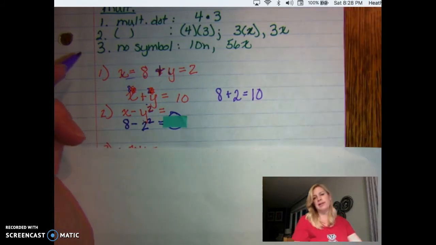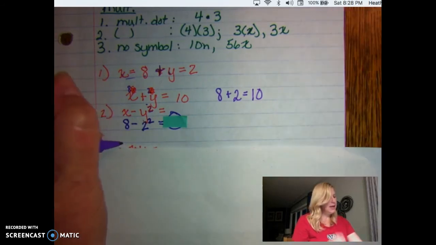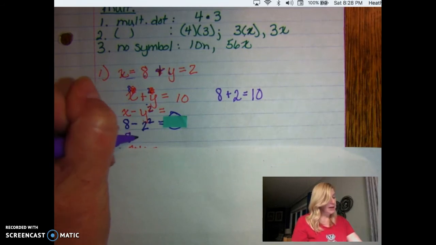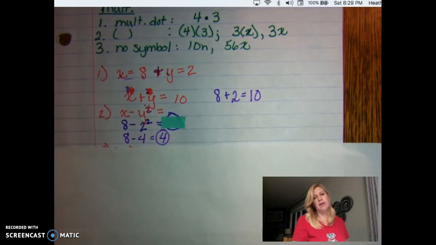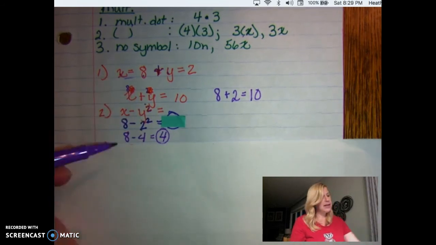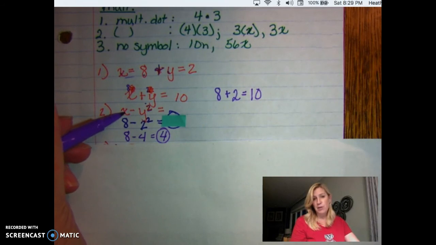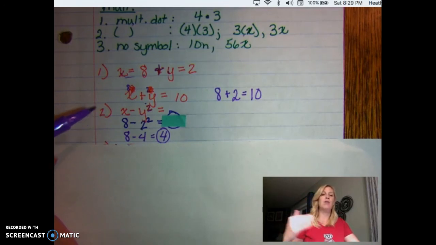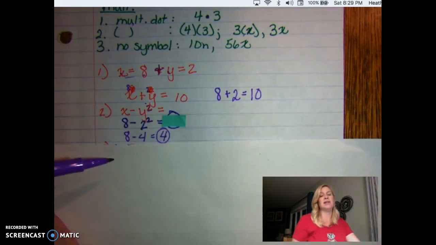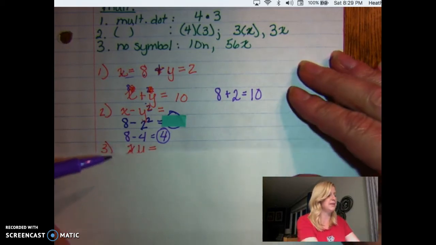So what do I do next? This isn't 8 minus 2, it's 8 minus 4, which equals 4, and we're going to circle it. Please make sure that you copy the original one down, and then you substitute, and then you solve. It's so important as you go into higher level math courses that you complete your steps. You'll get to a geometry class that your whole grade for the entire class is pretty much based on can you show your steps.